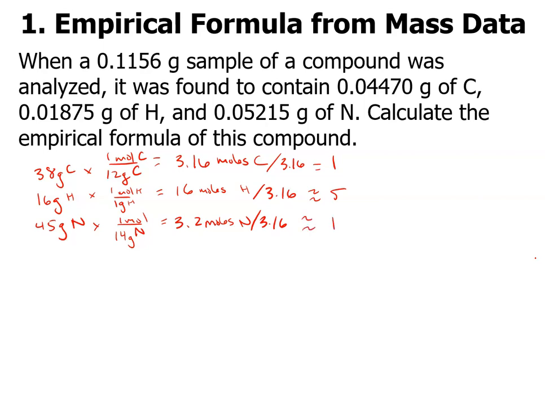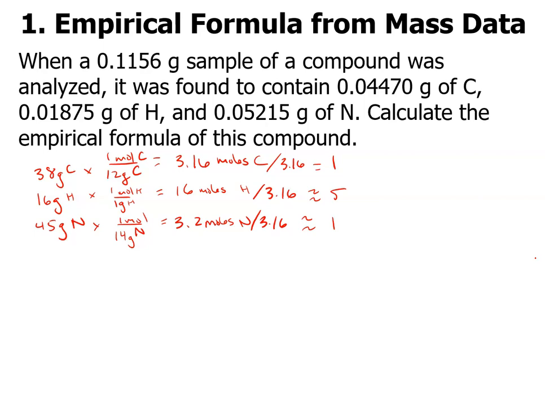We're not always going to get exact, precise numbers. You kind of have to use some estimation that this is going to be correct. There shouldn't be an example where it's going to be too many decimal points off. So for example, if I divide 3.2 by 3.16, I get 1.0126.